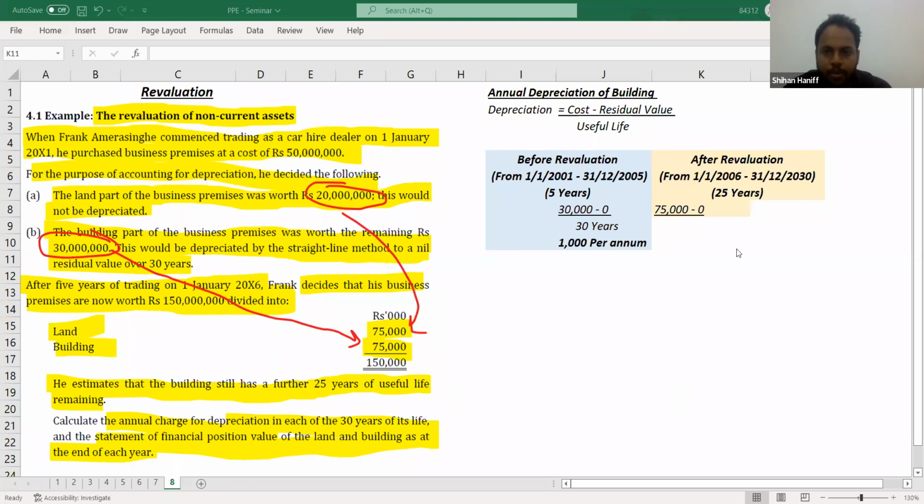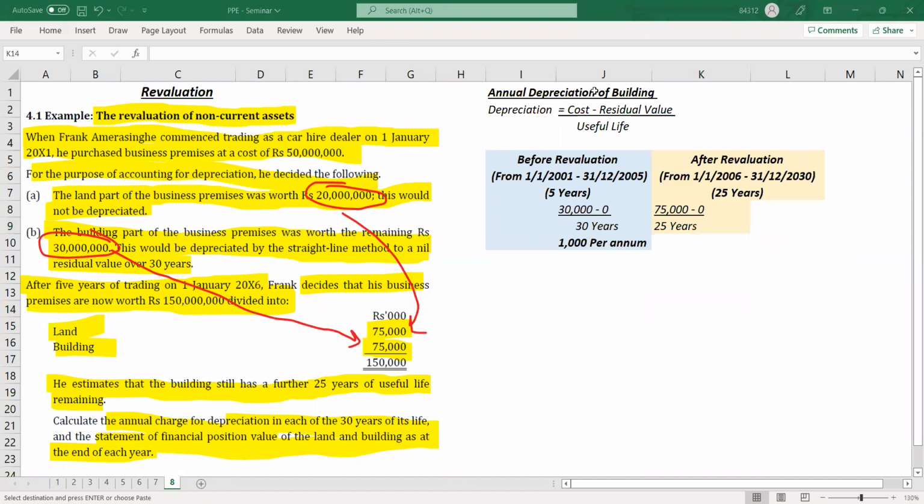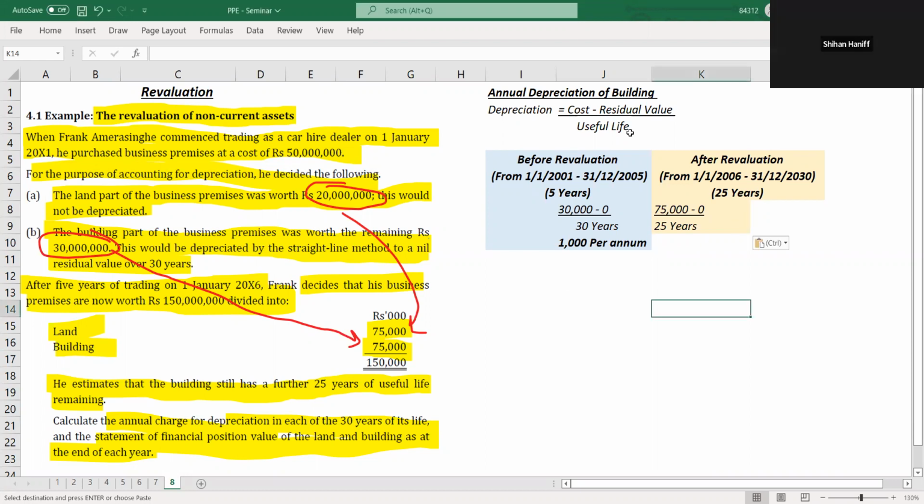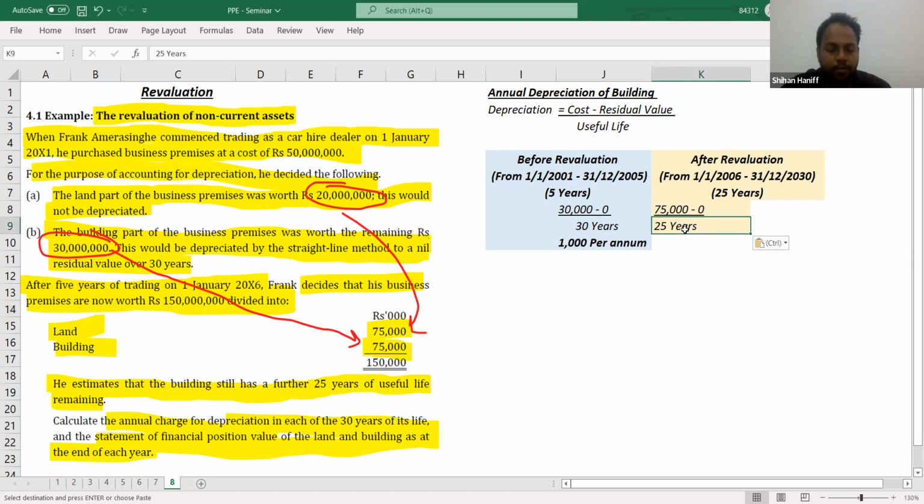Then the remaining useful lifetime is 25 years.